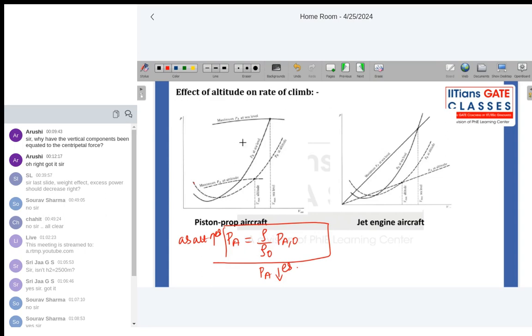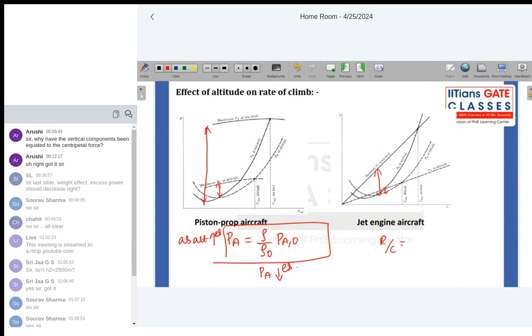So as altitude increases, your power available decreases and power required increases. So this is your excess power at a higher altitude. This is the excess power at sea level. Same is the case here. This is the excess power at sea level. This is the excess power at an altitude. So the excess power decreases.